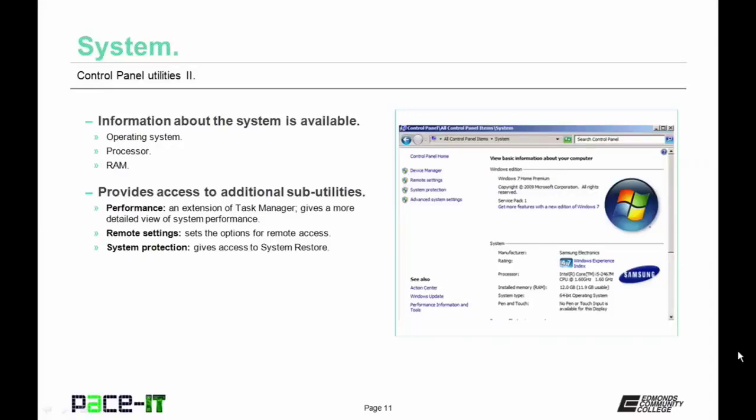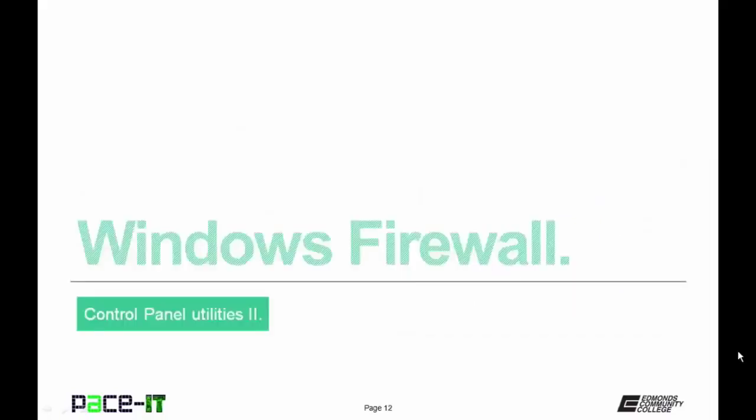It also gives access to additional applets or utilities, like Performance. That's an extension of the Task Manager and gives a more detailed view of system performance. From the Remote Settings utility, that's where you can set the options for remote access to the system. The System Protection utility allows for system restore.